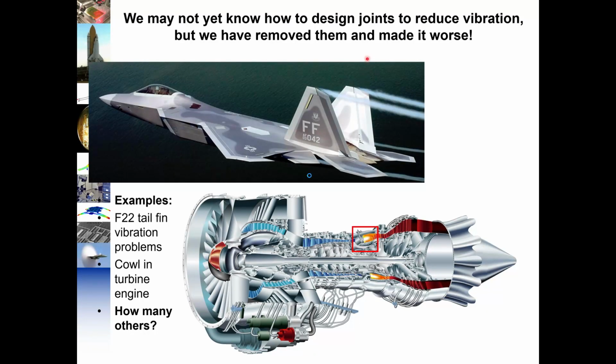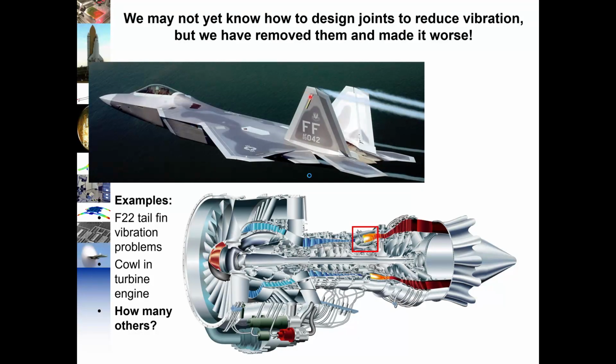While we haven't yet figured out how to model and predict what happens in joints, there have been some interesting cases where we removed joints from structures and saw that it made vibration worse. One is the F-22. The aluminum or titanium tail was replaced with carbon fiber, which theoretically has more damping than a typical metal.